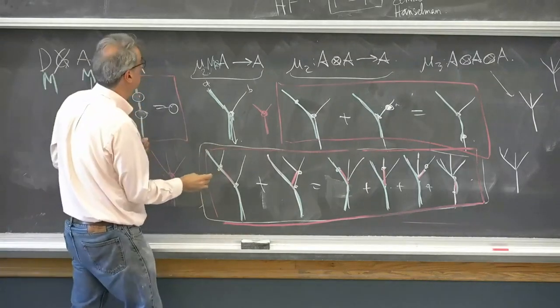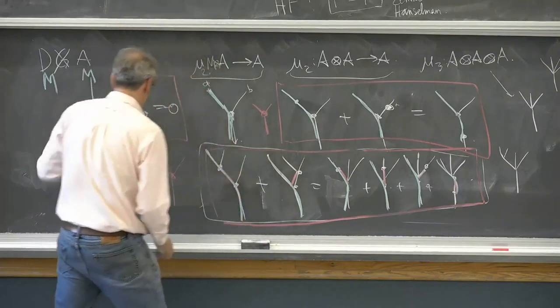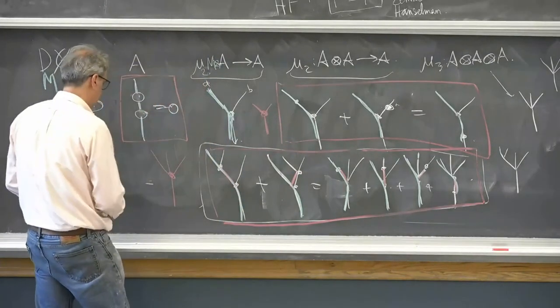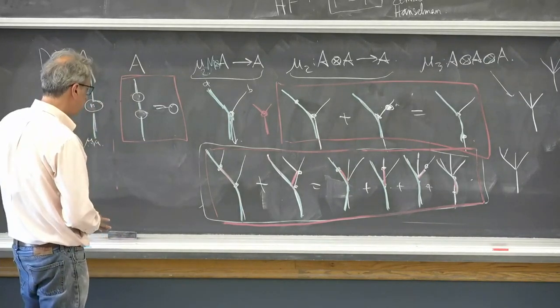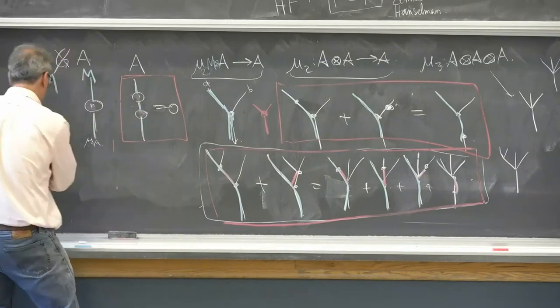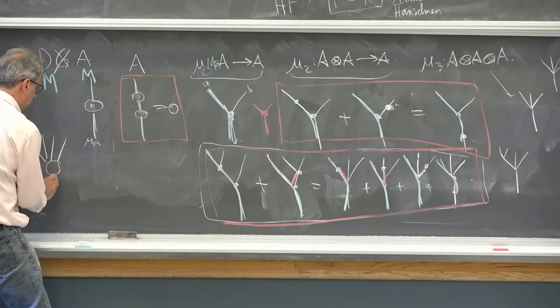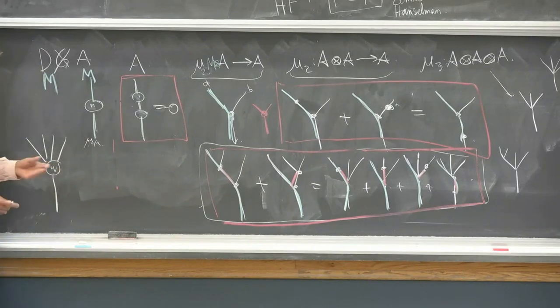So your trees, I want to have my operations now not just be indexed by how many inputs they have, but there's also going to be an additional integer called the weight, a non-negative integer called the weight. And the A-infinity relations now will correspond to some number of inputs and a total weight.